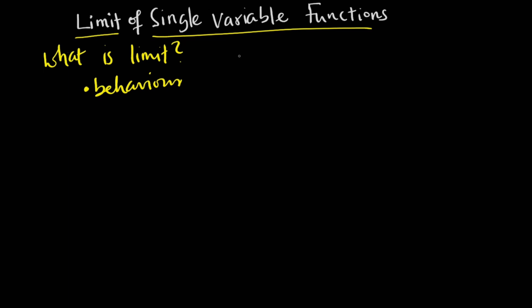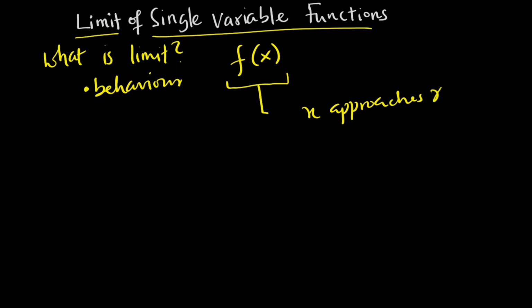So if I have a function f defined on x, I want to know what kind of output this function produces as x approaches a certain value, let's say x naught. And this value would definitely be given because that is what we are studying.